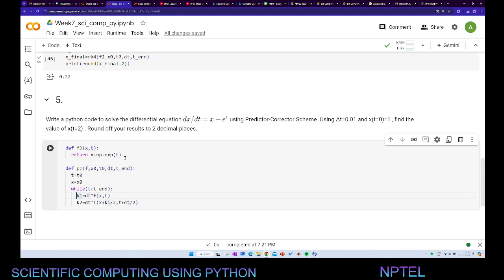So k1 is this thing. So a better way to write is first you predict x. So you say x predict is x plus dt times f of x, t. So this is the predictor, right? Which is just Euler.